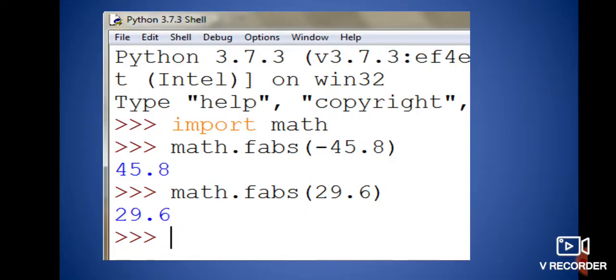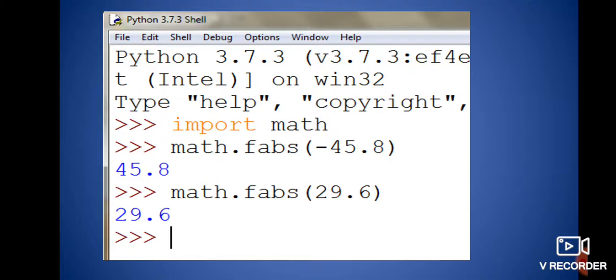Let us see this function practically. Here I have imported the math module. Okay, math module is imported. Now after this, math.fabs minus 45.8. So see, it is getting converted into positive value. But when I am writing 29.6, which is already a positive value, I am getting the answer as 29.6 only.